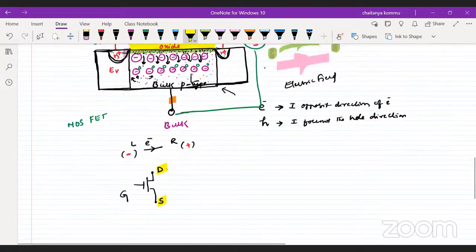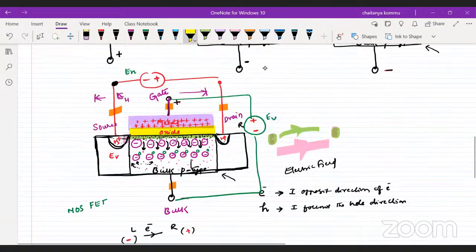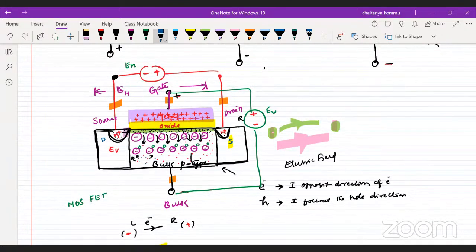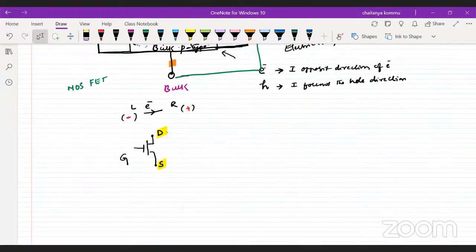Can't we take this as the source and also take this as the drain? Then how do we make the difference between these two approaches? One time we take the left side, or otherwise if I change it, the other side is the source. What makes you understand how we can distinguish between these two? That's an important one.